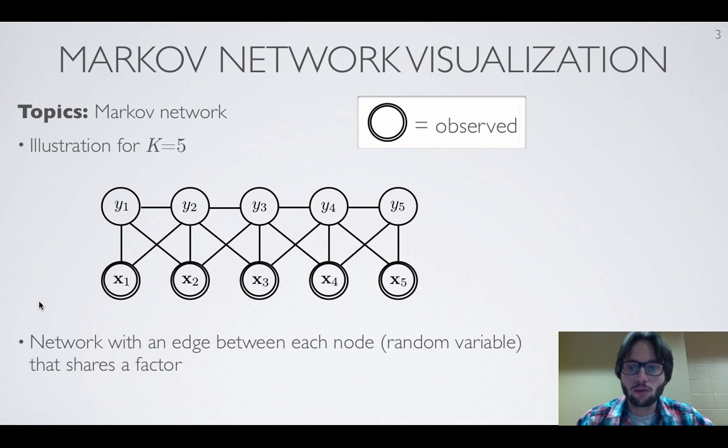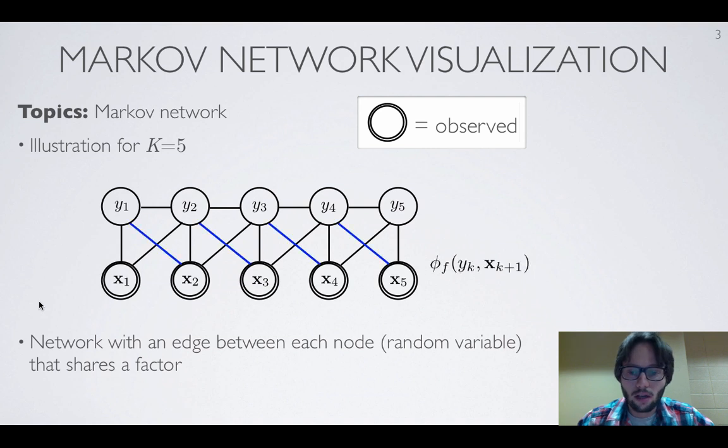For the linear chain conditional random field, and also for a context window of radius 1, we'd have these diagonal edges between each label y and the input at its left. Then we'd also have an edge between each label and the input at the same position. So those are the vertical edges here.